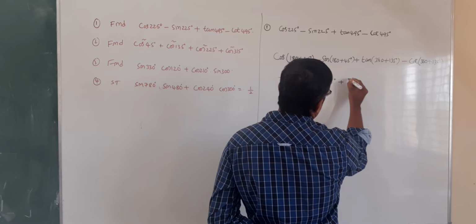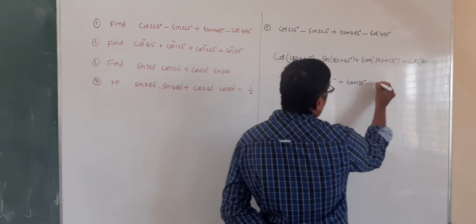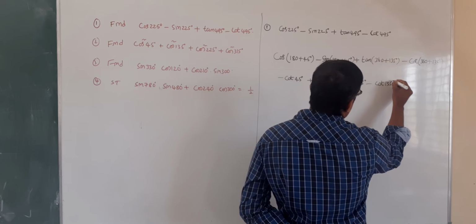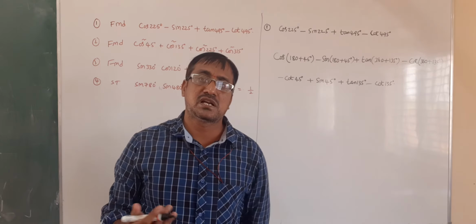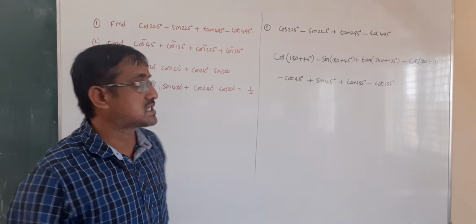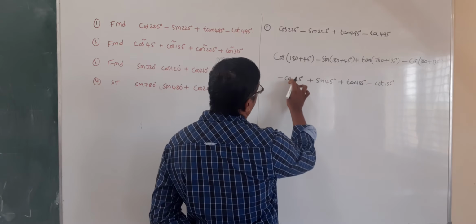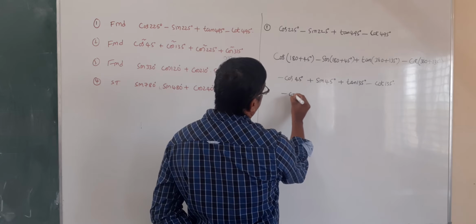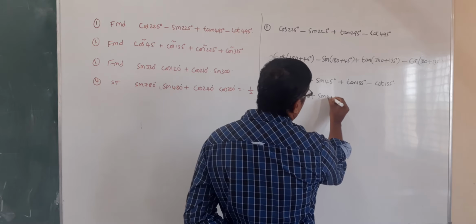Tan of 360 plus theta is tan theta, so tan 135, and again cot 135 degrees, since cot of 360 plus theta is cot theta. Now, this is minus cos 45 degrees plus sin 45 degrees.